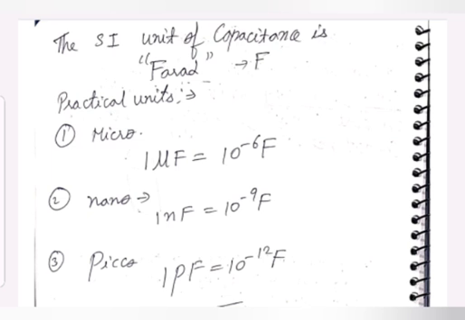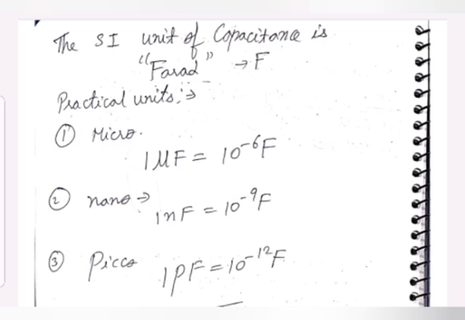Then comes picofarad, where 1 picofarad is equal to 10 to the power minus 12 farad. And one more unit is nanofarad. So 1 nanofarad is equal to 10 to the power minus 9 farad. There are a few more practical units, but generally only these three are used, which would help you in your numericals.